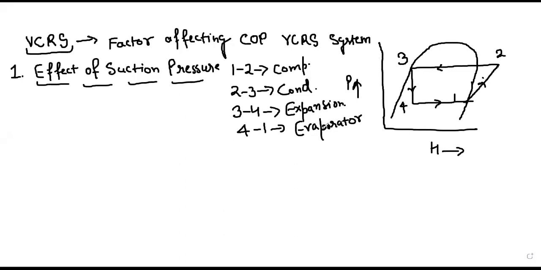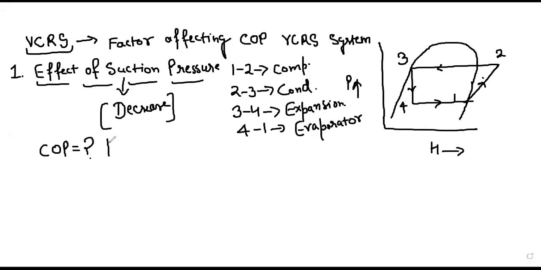Okay. So this is the basic cycle that we have been discussing in the pH graph from the last lecture. Now, what is new about it? He's saying that if I decrease the suction pressure, what is going to be the effect of this on the COP of the VCRS system?